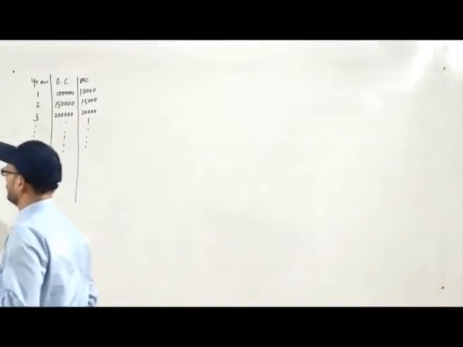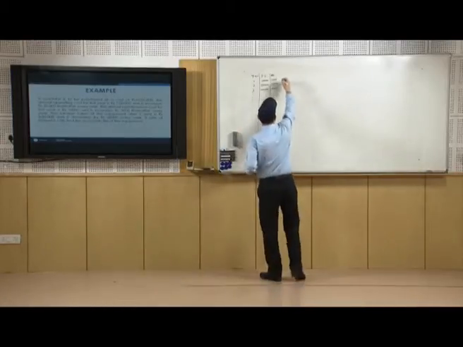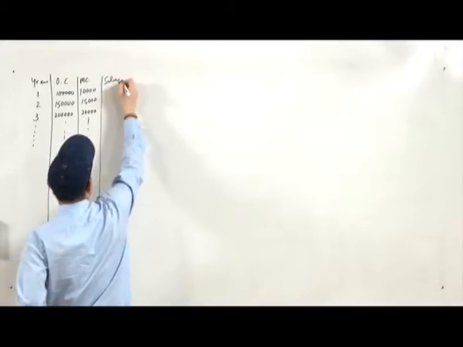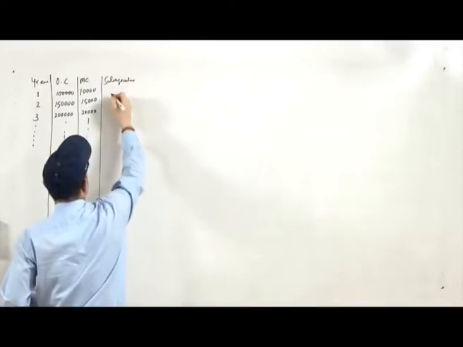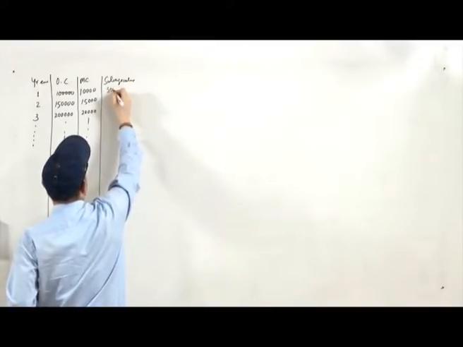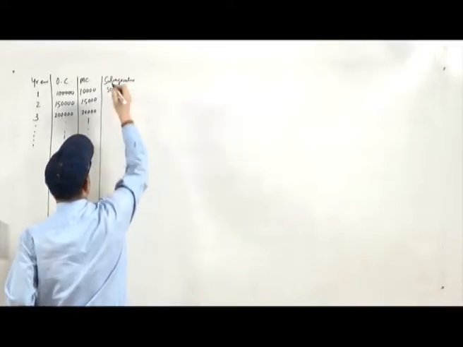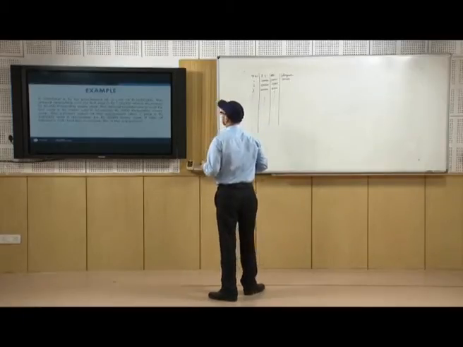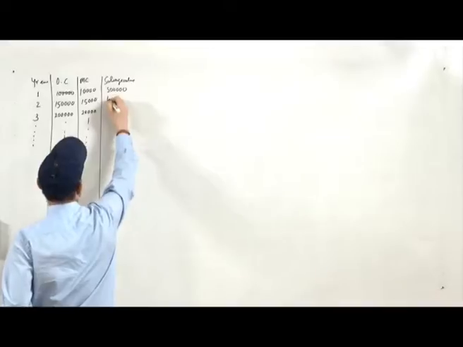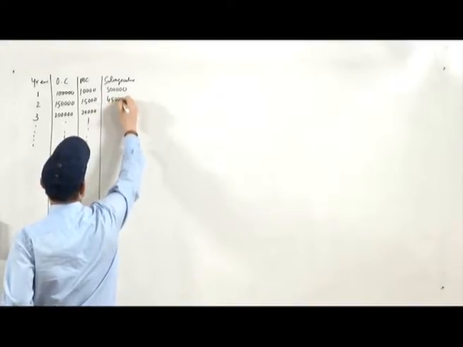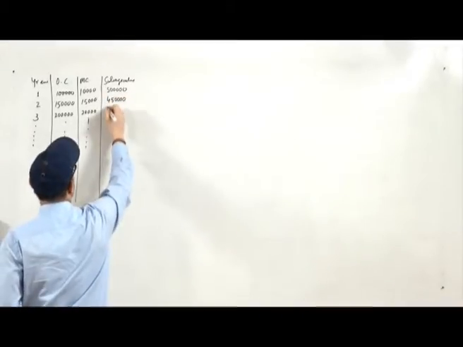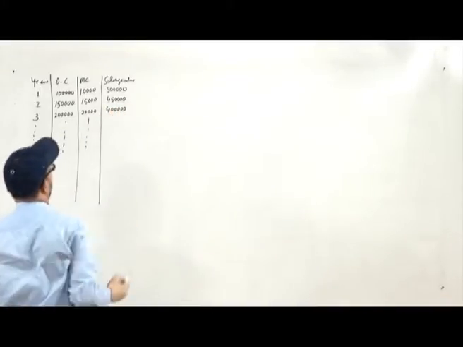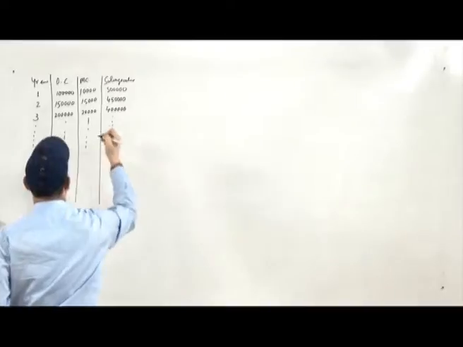Salvage value is 5 lakh and it is decreasing every year by 50,000. So, next year it will be 450,000, that is 4,50,000, then 4 lakh, and this way.